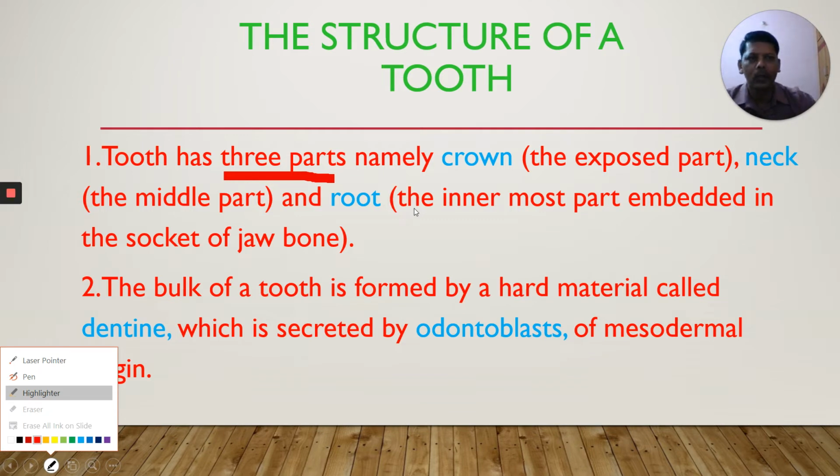As the roots of our teeth are embedded in sockets, our teeth are described as thecodont. I told you in the previous video about acrodont, pleurodont, and thecodont. Acrodont teeth are found in fishes, amphibians, and reptiles, except crocodiles. In crocodiles and mammals, thecodont teeth are found, and pleurodont teeth are found in lizards.